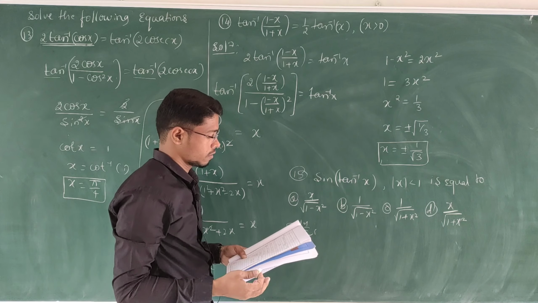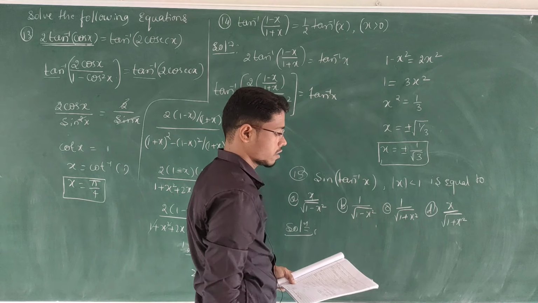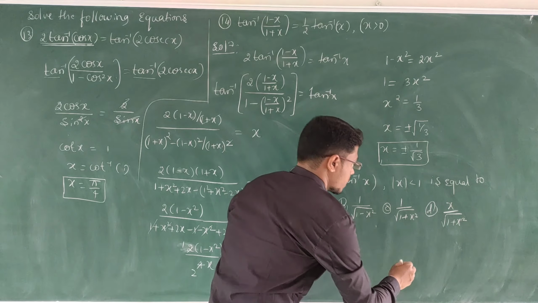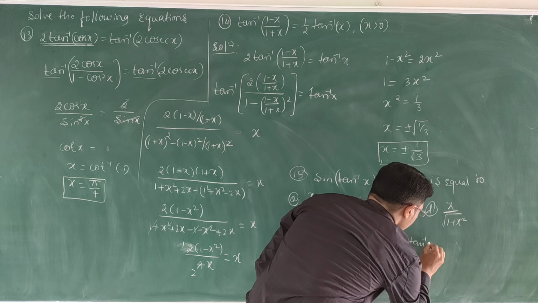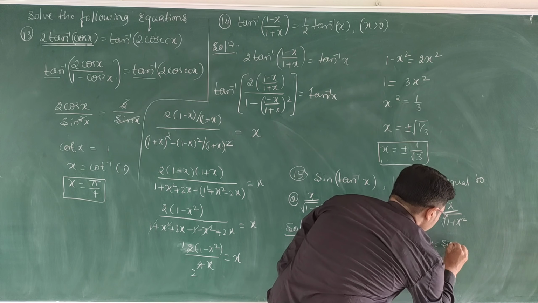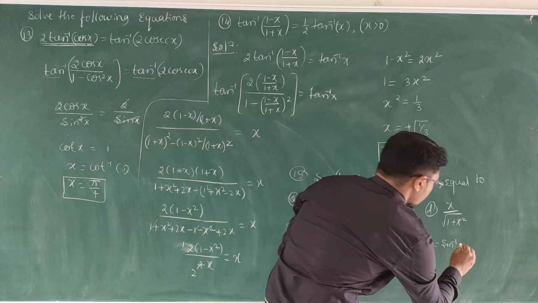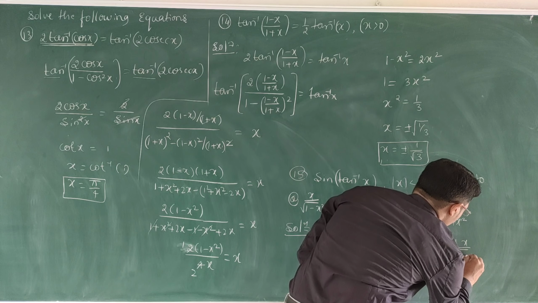The formula for this, tan inverse in terms of sin inverse, is: tan inverse of x equals sin inverse of x divided by square root of 1 plus x square.